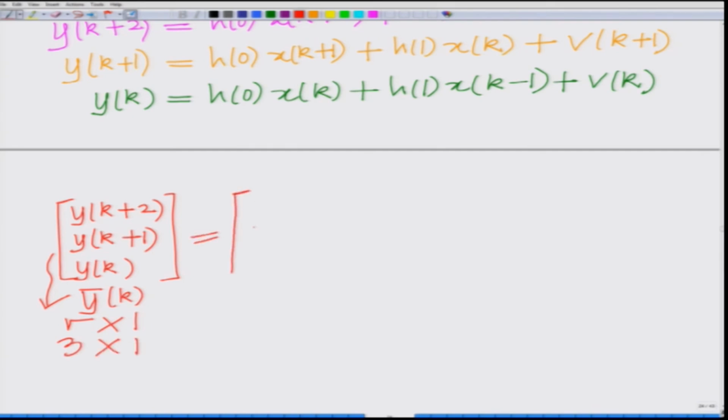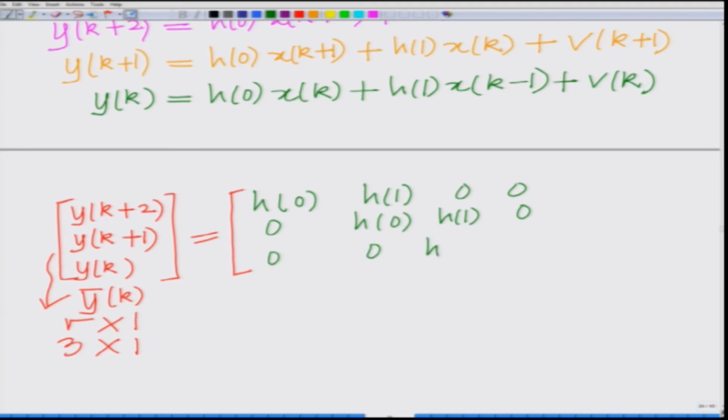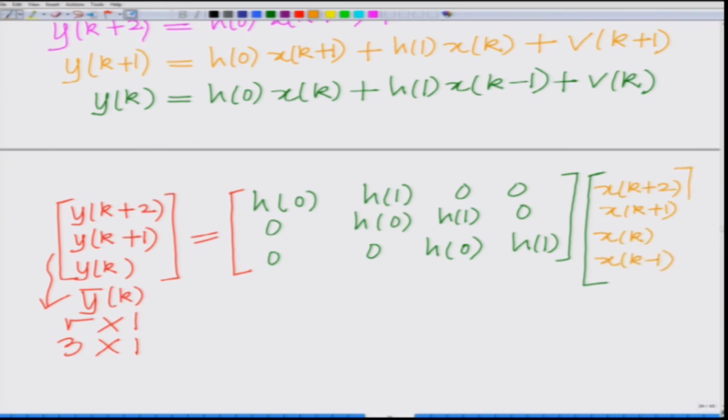This is equal to the following matrix: h0, h1, 0, 0; 0, h0, h1, 0; 0, 0, h0, h1; times my symbols xk plus 2, xk plus 1, xk and xk minus 1.